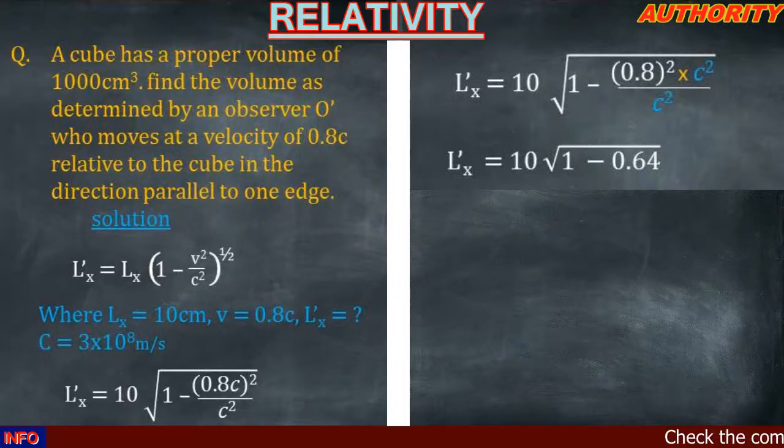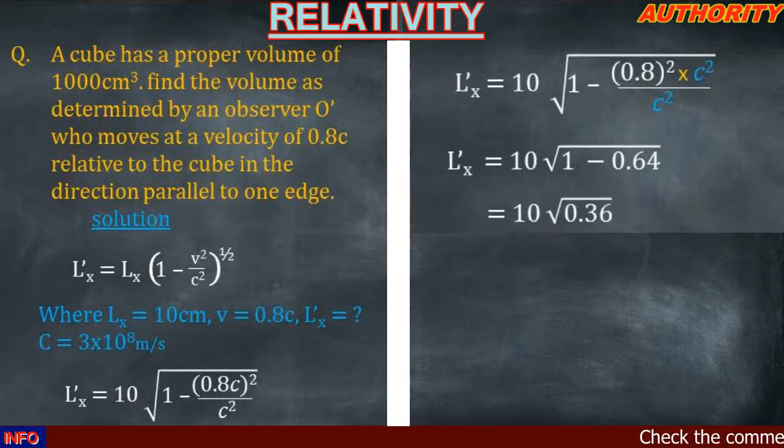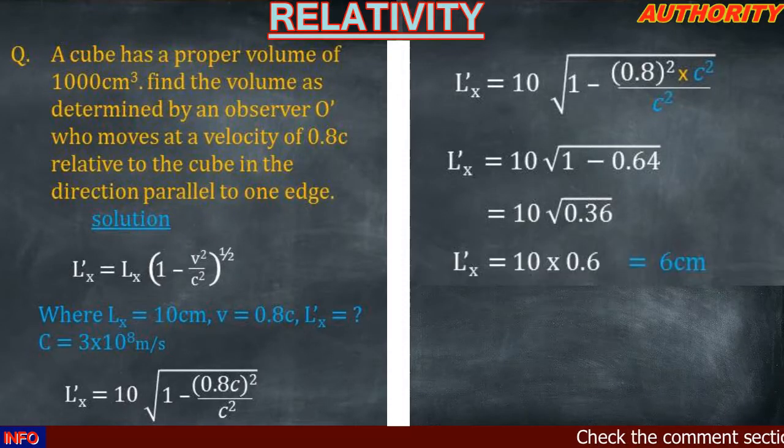And then when you say 1 minus 0.64, it's going to give you 0.36. Then let's take the square root of 0.36, and it's going to give you 0.6. Then 0.6 multiplied by 10 is equal to what? 6. So the contracted length in one of the edges is 6 cm.